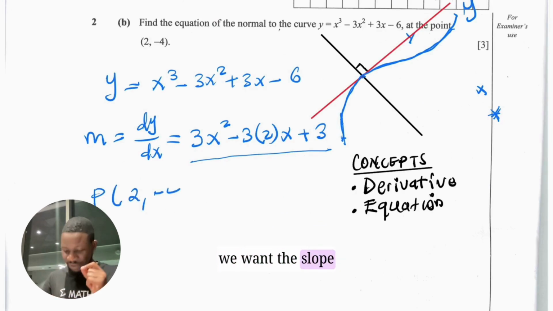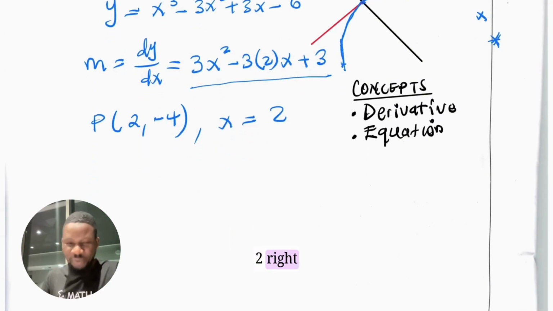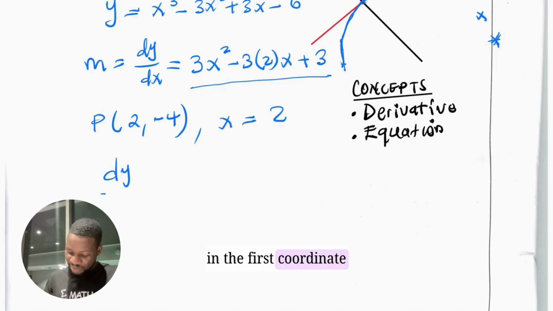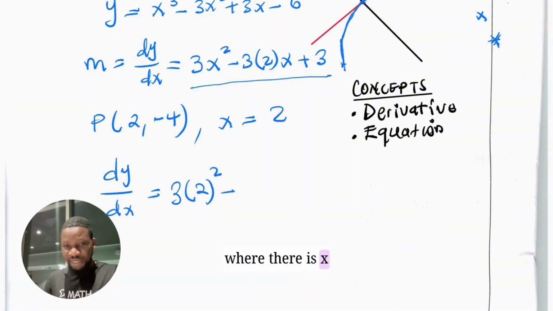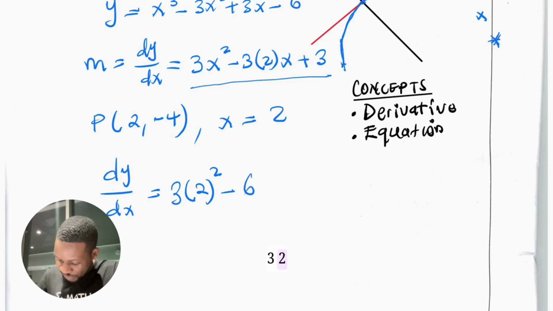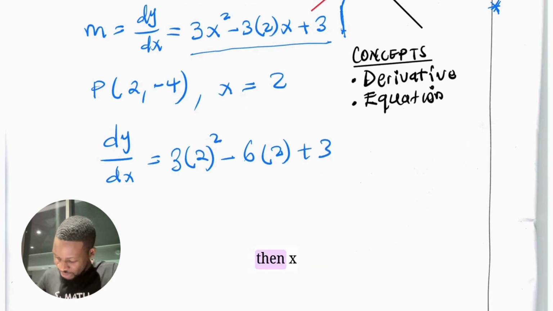But remember, we want the slope at the point P, which is (2, -4). The value of x at this point is 2, right? That is the entry in the first coordinate, which is 2. So let us see what dy dx is. We're just substituting where there is x, we just put 2. So this becomes 3 times 2 squared, minus 3 multiplied by 2 is 6, then plus 3.